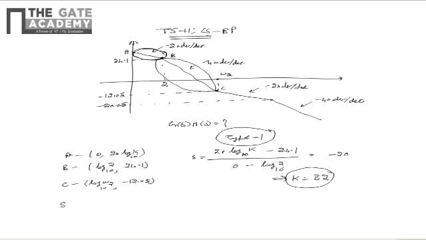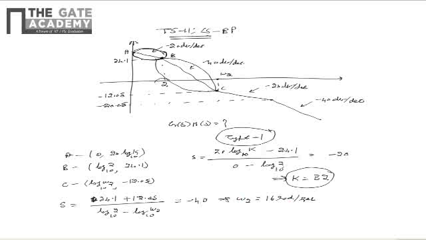From this we can say that the slope is equal to (24.1 plus 12.05) divided by (log 2 to the base 10 minus log omega 2 to the base 10), which is equal to minus 40. And upon simplifying this, we see that omega 2 is equal to 16 radians per second.